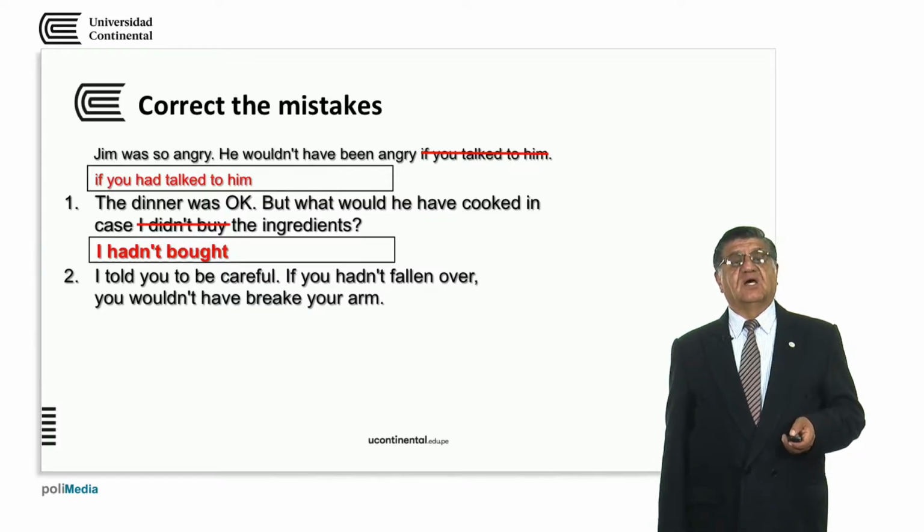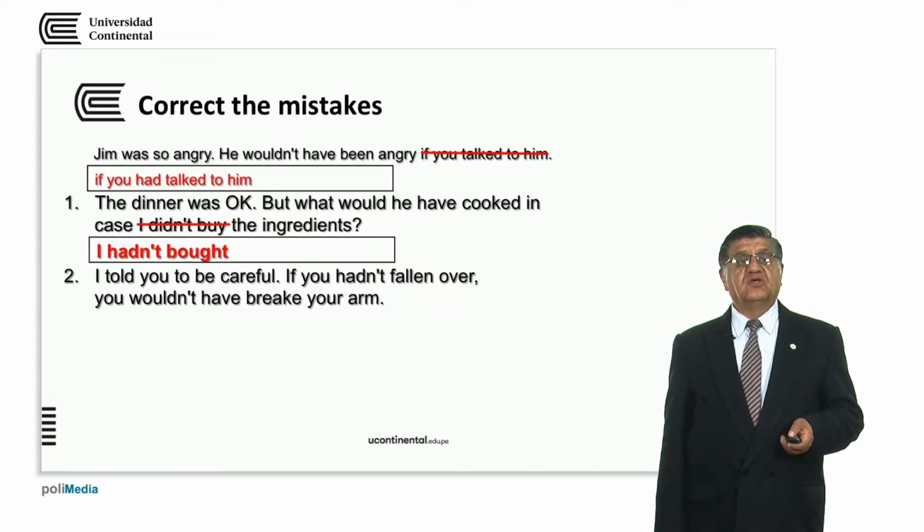Okay, let's analyze. If clause, past perfect. Main clause, perfect conditional. What is wrong? Let's check. The if clause, had and the past participle. Okay, there we have. Hadn't and fallen. Fallen is the past participle form of the verb fall. You wouldn't have break.